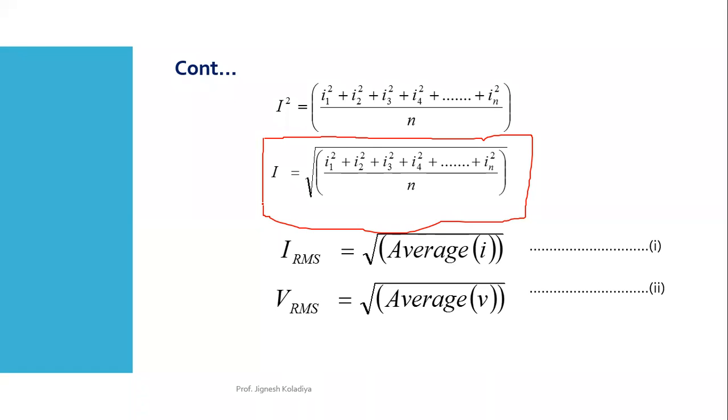The method name is the mid-ordinate method or graphical method. This I1 square plus I2 square plus I3 square divided by N is nothing but the square root of the average, not of the current but of I square. It is the mean of I square, or the average of I square.